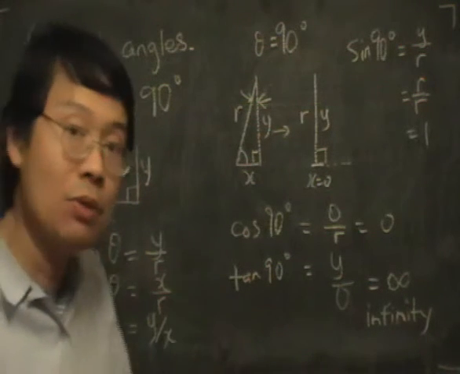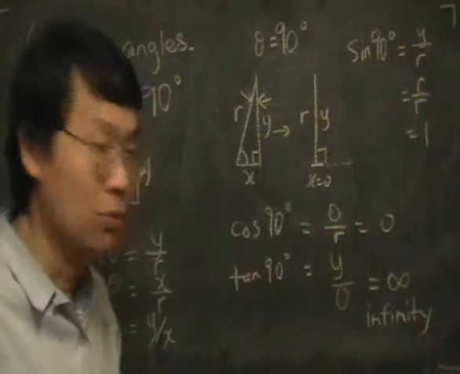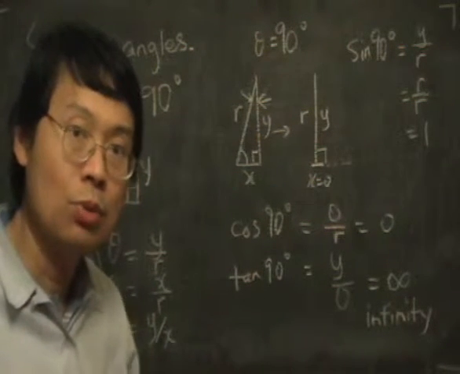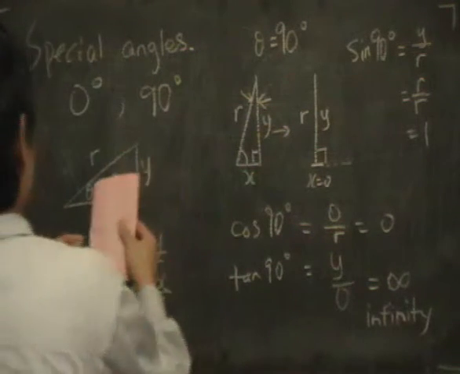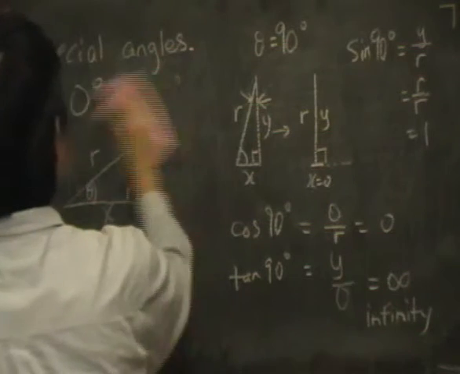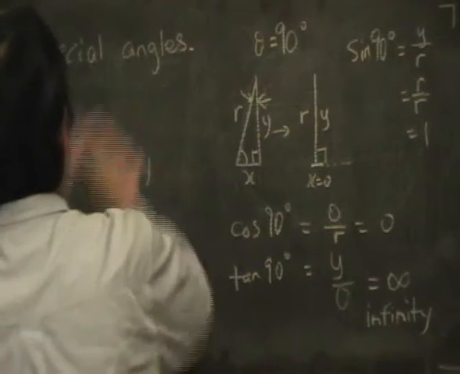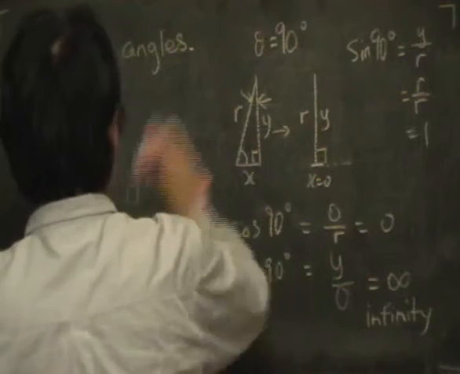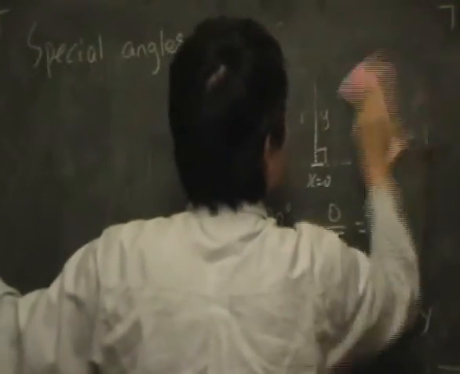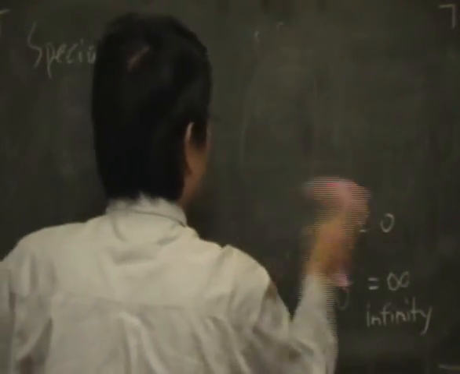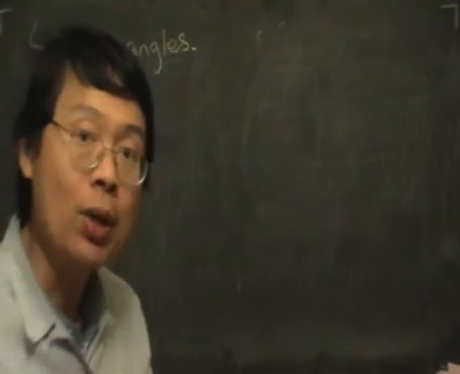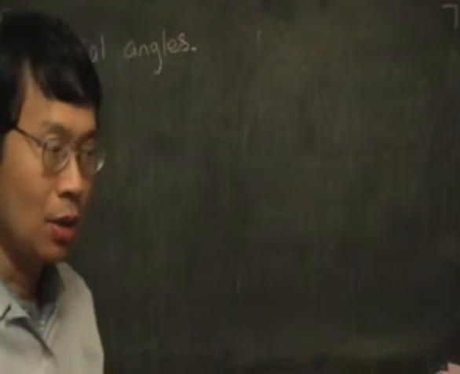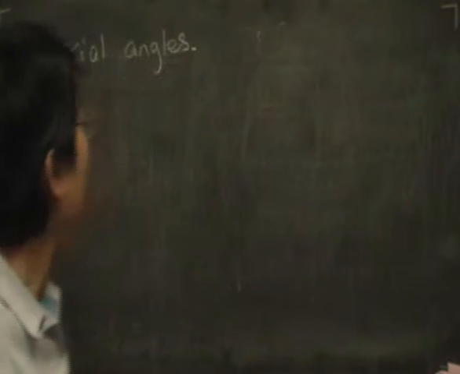So they might either be given to you, or you might just have to try to work it out or memorize it. We are next going to look at a few other special angles.